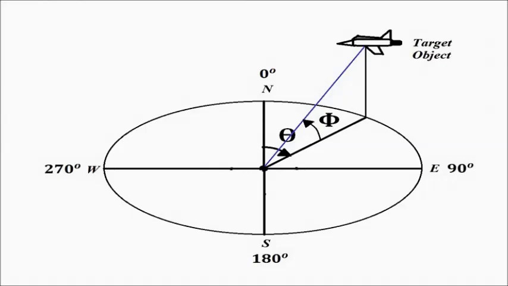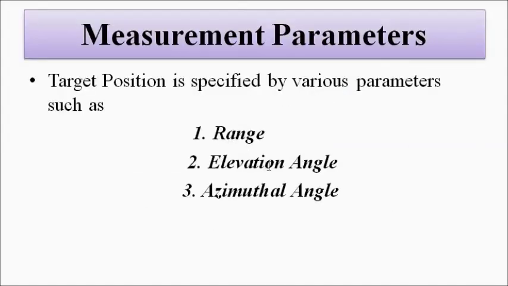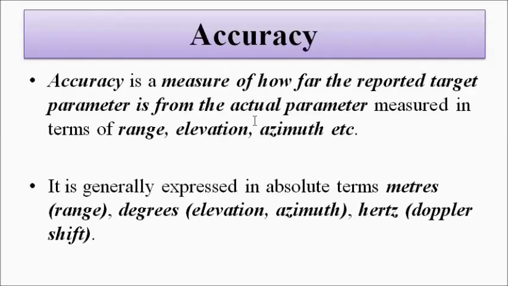Now, some important things related to these measurements, that is range, elevation angle, and azimuthal angle, are the accuracy. First, the most important.